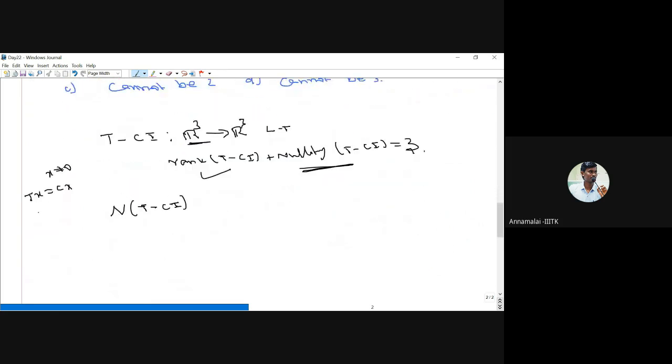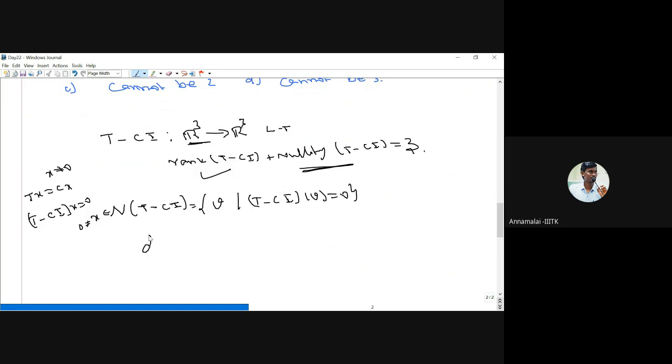Therefore you can take everything to one side and take x outside: T minus c times I applied to x equals 0. What is the definition of N of T minus cI? It is the set of all vectors v such that T minus c times identity at v gives 0. Now clearly this element x is a member of the null space, and it is non-zero.